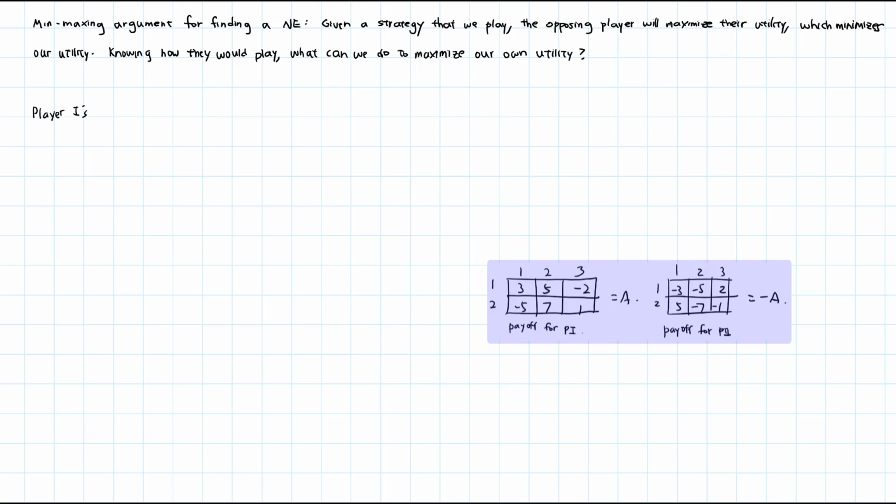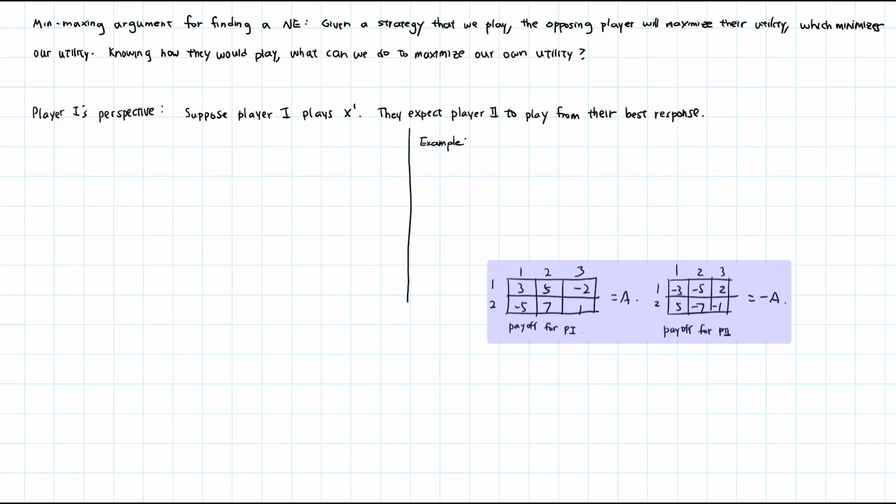So, from player 1's perspective, suppose player 1 plays x1. They will expect player 2 to play their best response. So player 2 will calculate their own expected utilities based on player 1's strategy. Recall that this is equal to the maximum utility of playing a pure strategy.